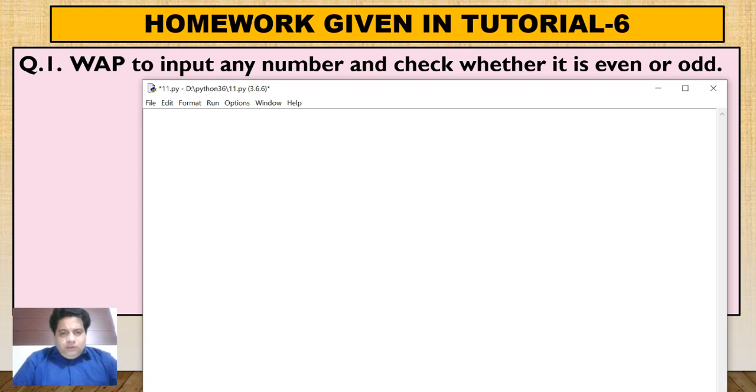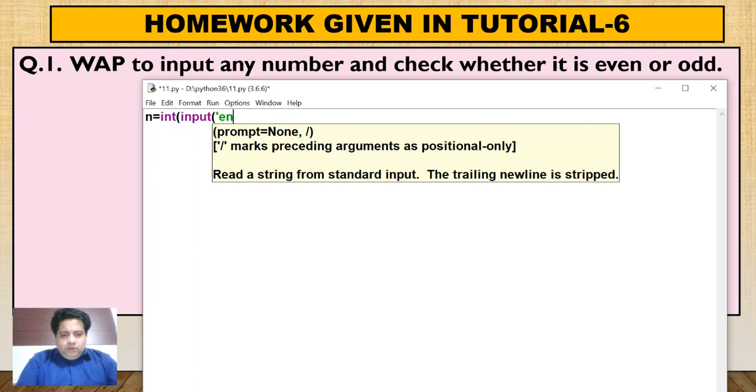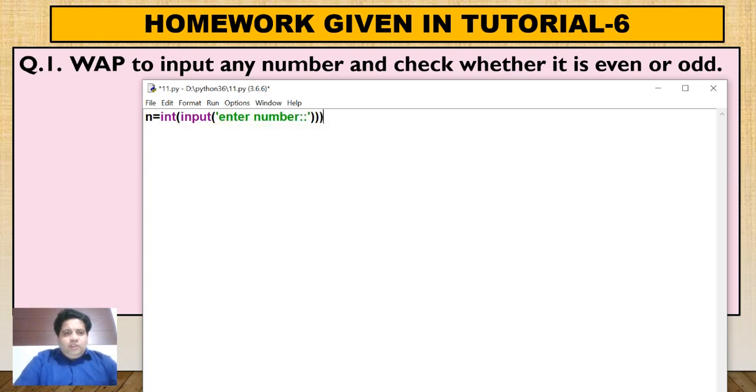So first of all, input any number. Suppose n equal to int input, enter number. At this point you should understand the use of int and the use of input; we have discussed this in the previous video tutorials. So n equal to int input enter number.